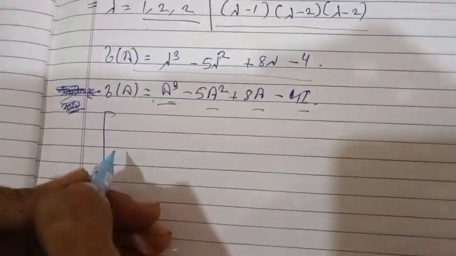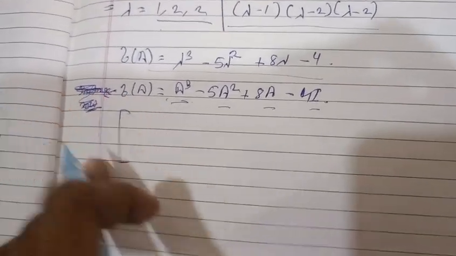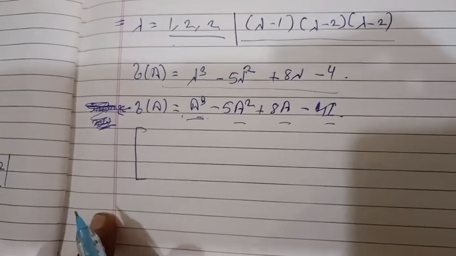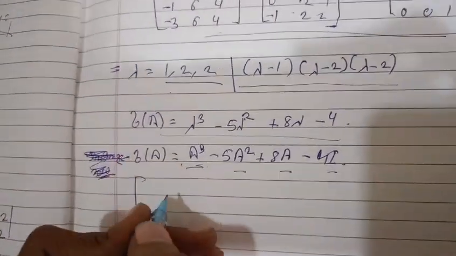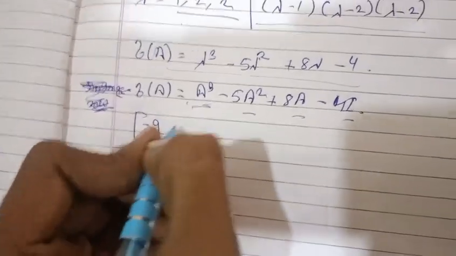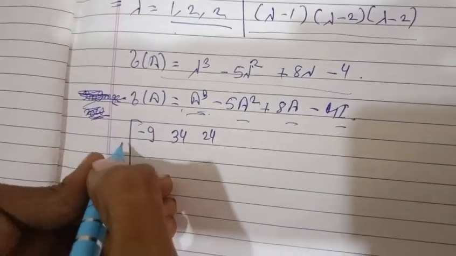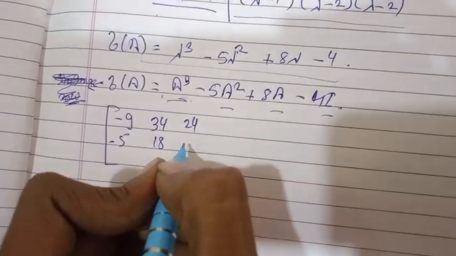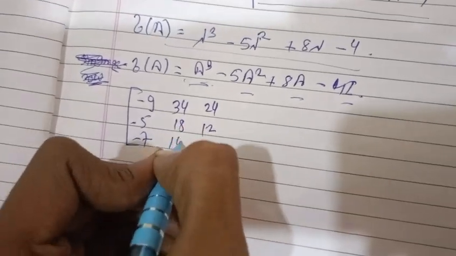Firstly I go to directly calculate it, but I solve that on the calculator. I put my matrix of equations as 9, 34, 24, minus 5, 80, and 12, next minus 7, and 14, 8.